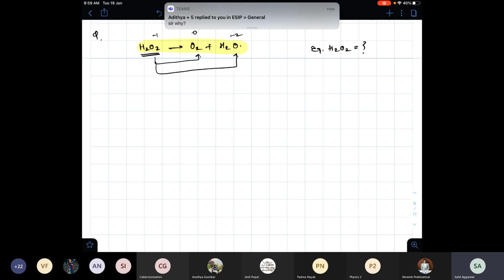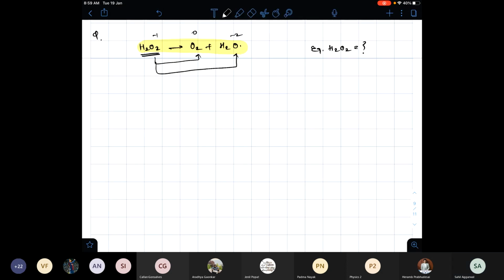Aditya, we have not done balancing till now. N factor is not related to a balanced chemical equation. Balancing I'll do after this. Even if you do balancing, it won't matter.